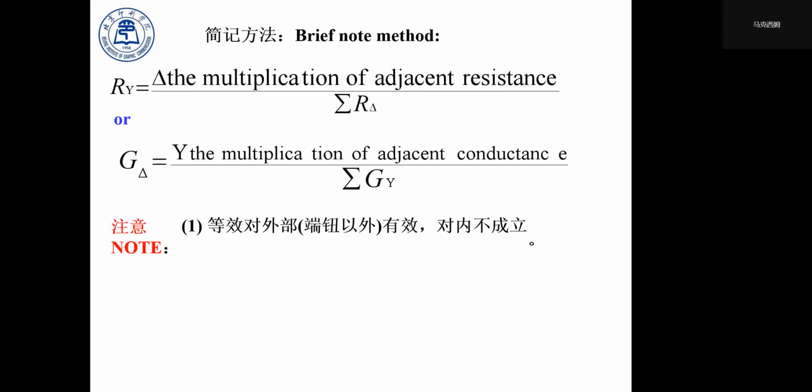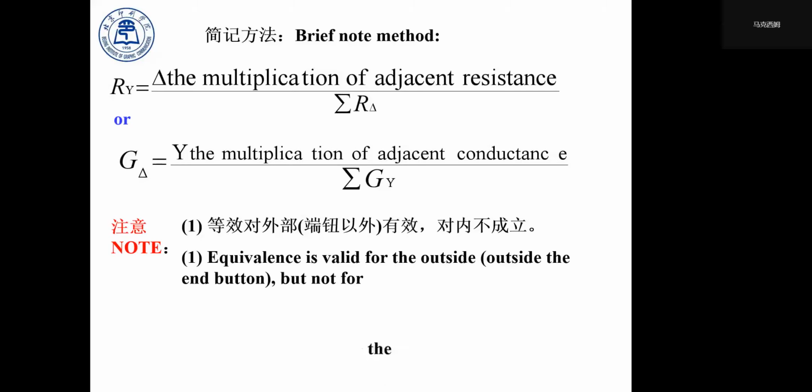So we have to notice that the so-called equivalence is valid only for the outside, outside the terminals of the network. But for the inside, this equivalence does not stand, because for the inside, apparently they are not equal.